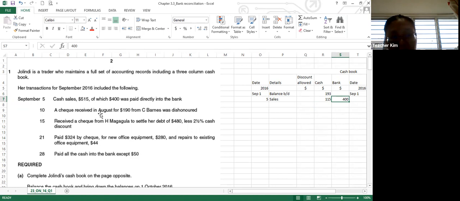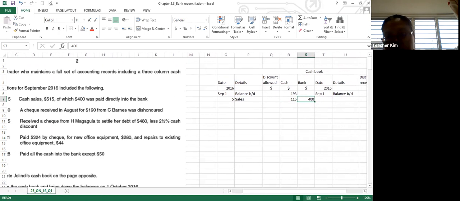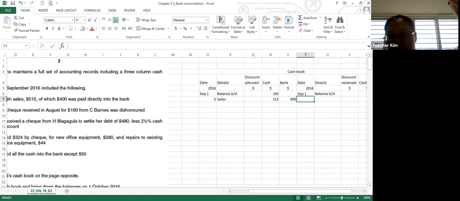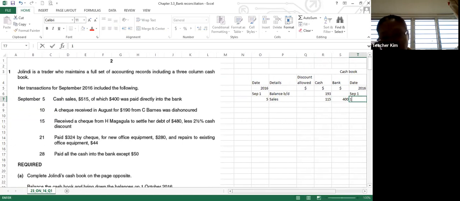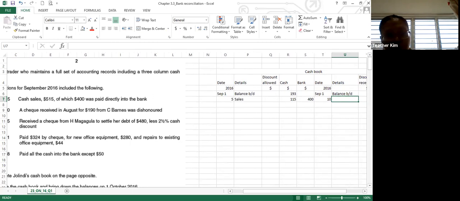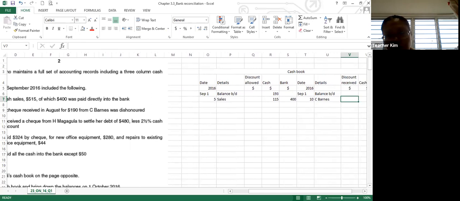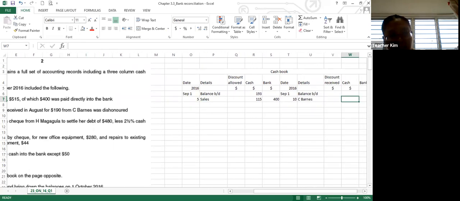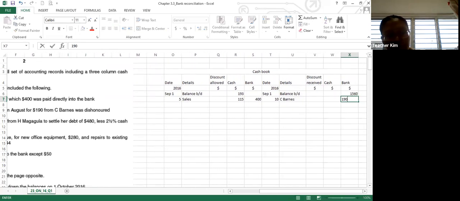On the 10th, a check received from this owner, so we have to transfer it out here. This amount is received from the bank, and the amount is 190. So here you can put this.